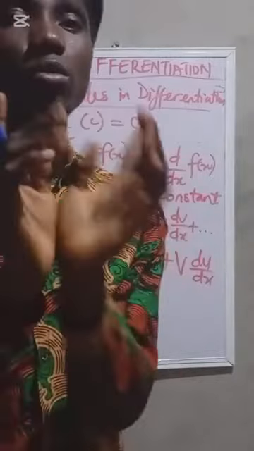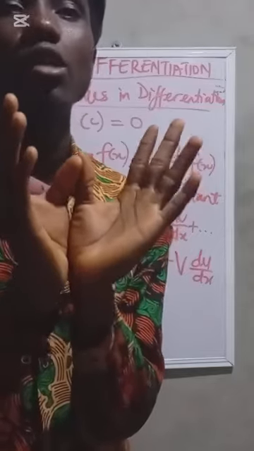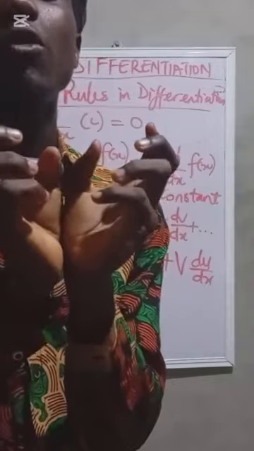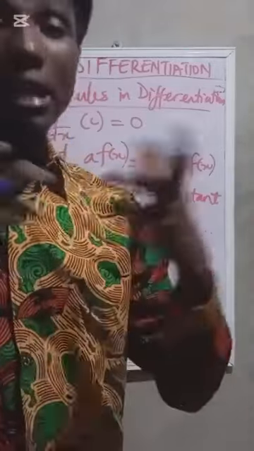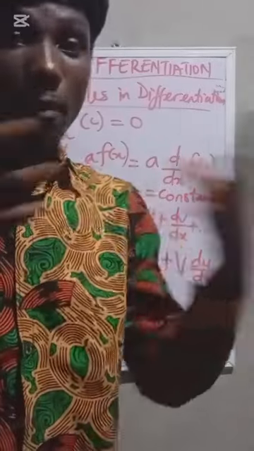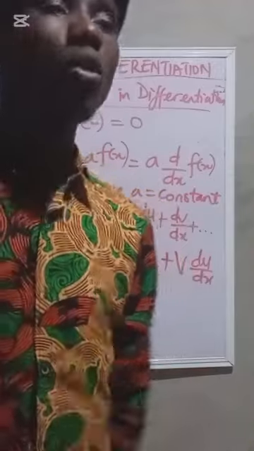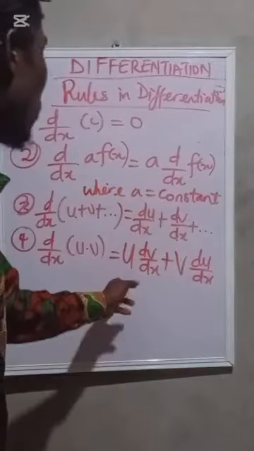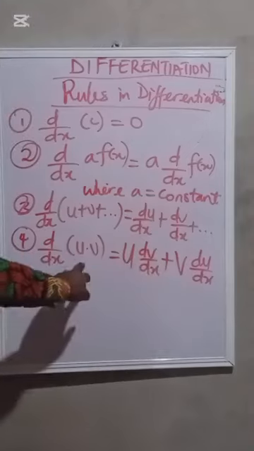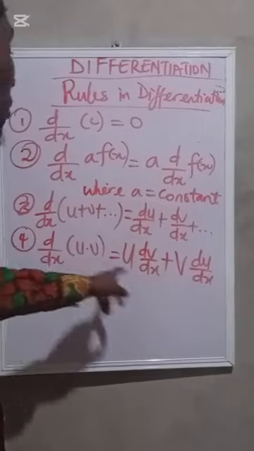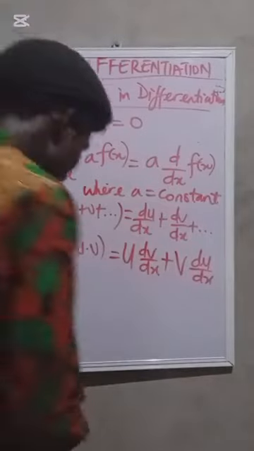So when you are multiplying those functions together and you are now told to differentiate, mostly these might be functions that you might not be able to multiply together, or it might be a number with a higher power. So what you do is just make use of this rule. Pick the first one, differentiate the second one, plus pick the second one, differentiate the first one. That's how to navigate through it. So we're going to solve more questions on that.